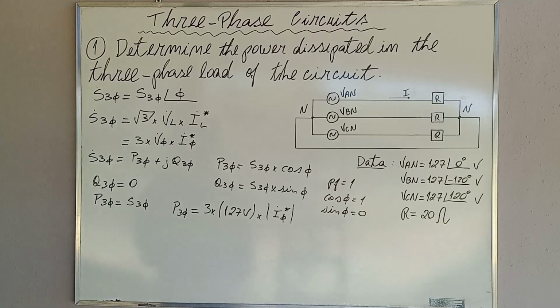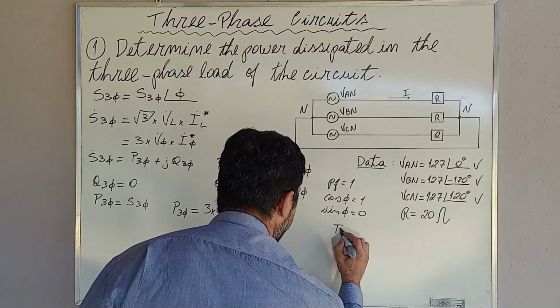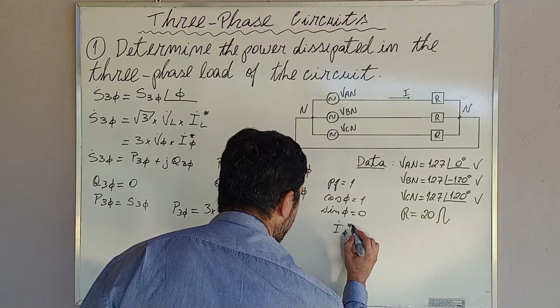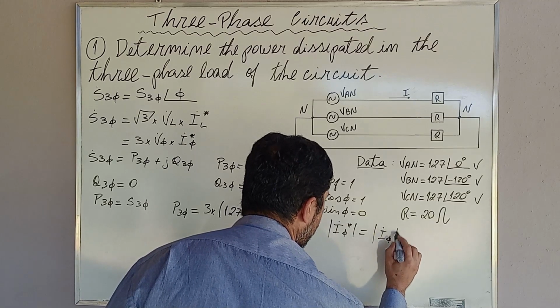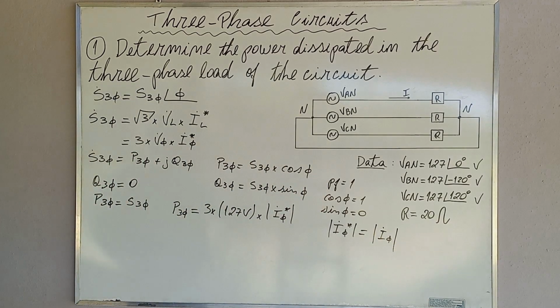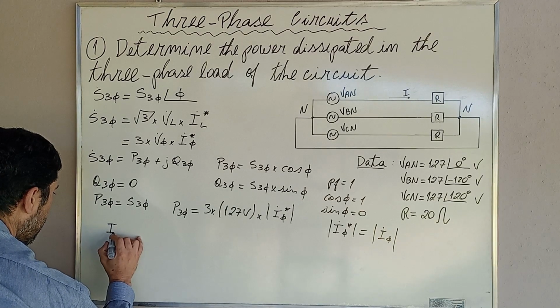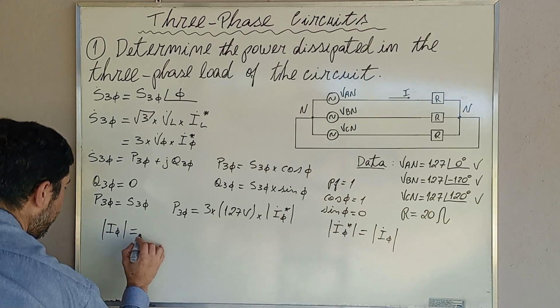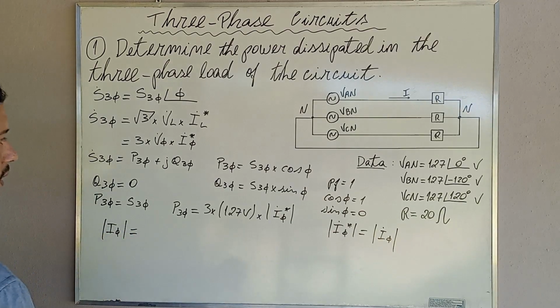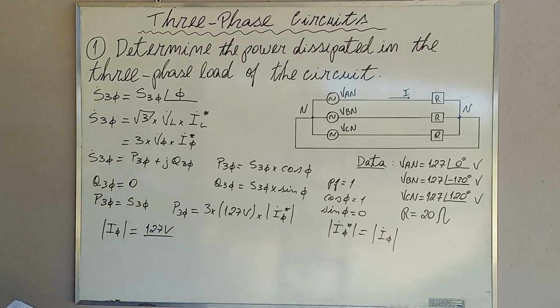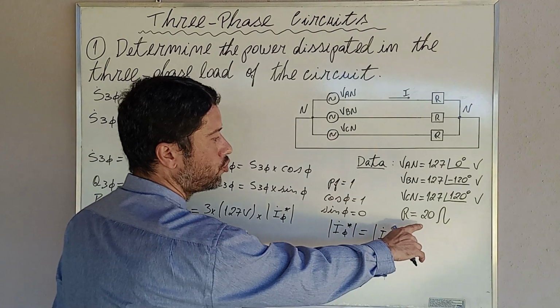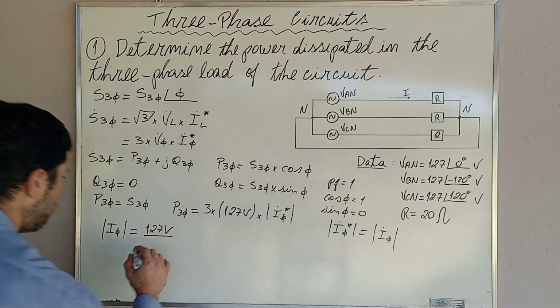And since this is equal to this, we simply divide: the magnitude of the phase current is the phase voltage, 127 volts, divided by the resistance, which is 20 ohms.